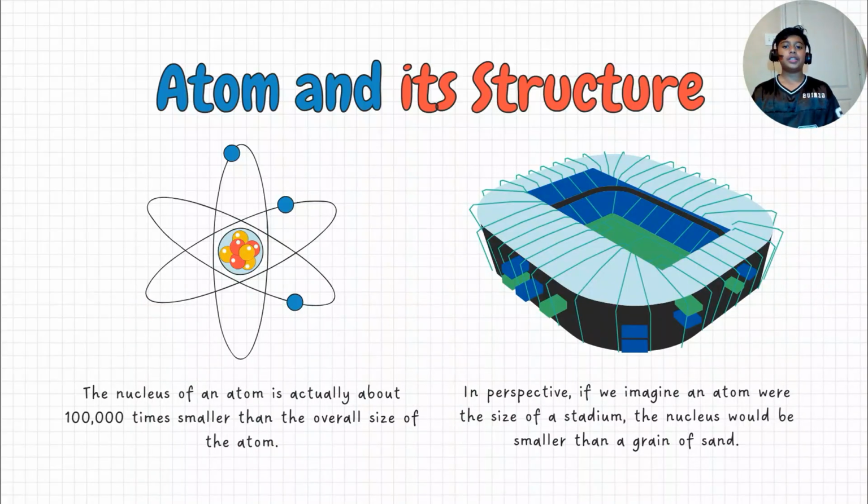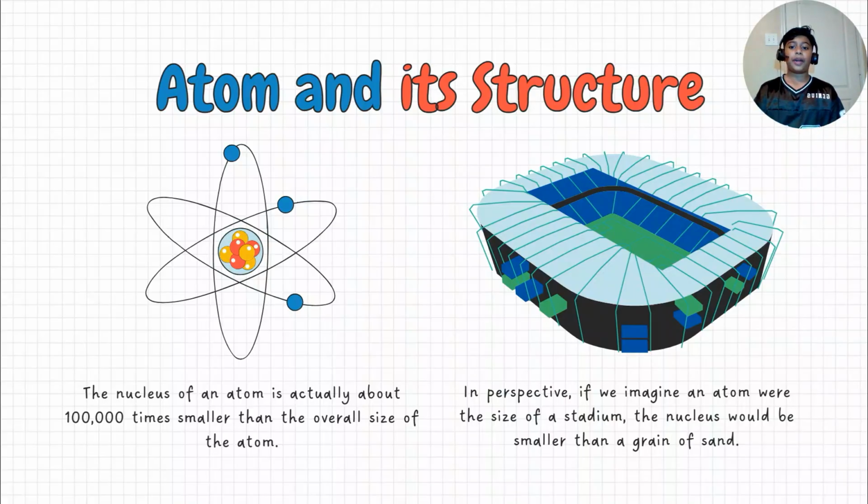Let's go on to another example of atoms and their structures. The nucleus of an atom is about 100,000 times smaller than the overall size of the atom. In perspective, if you can even imagine how big that is, if we imagine an atom is the size of a stadium, I know it sounds bizarre, the nucleus would be smaller than a grain of sand.